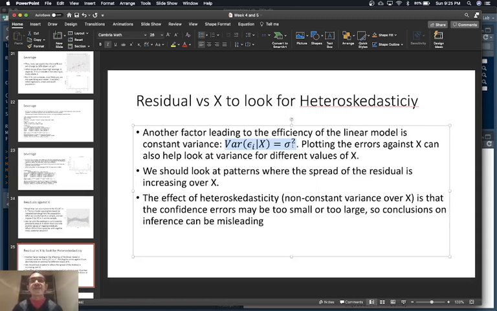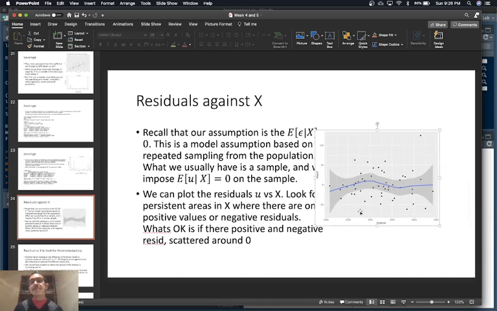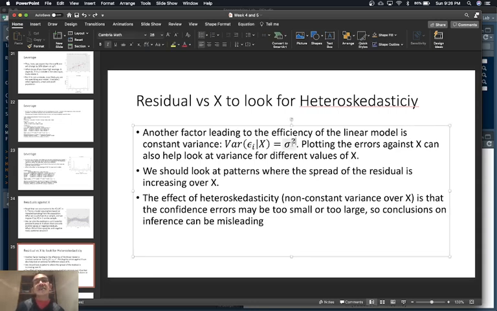Plotting the errors against X or Y hat can also help look for variance at different values of X. So we should look at patterns where the spread of the residual is increasing over X. If you take a look, as X is going up, the variance, the width of the residual dots, you can see dots up here very high and dots down here, and the spread becomes wider and wider as income goes up. So that is evidence for heteroscedasticity, because the variance of E is not constant over X.